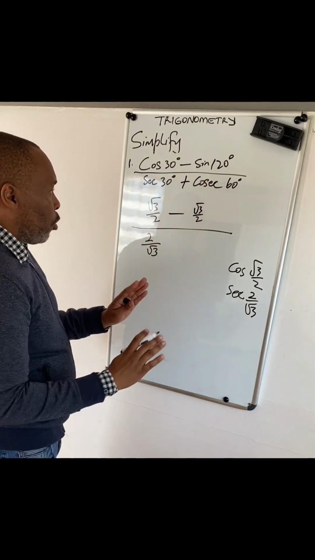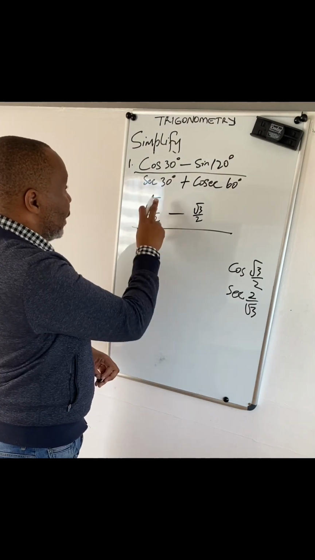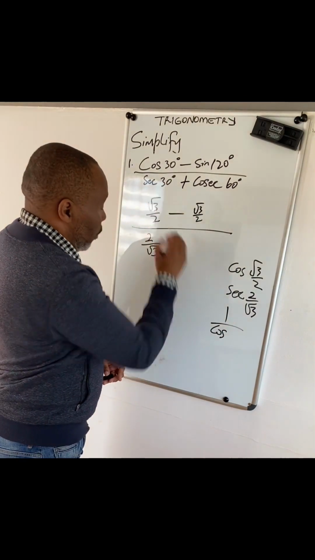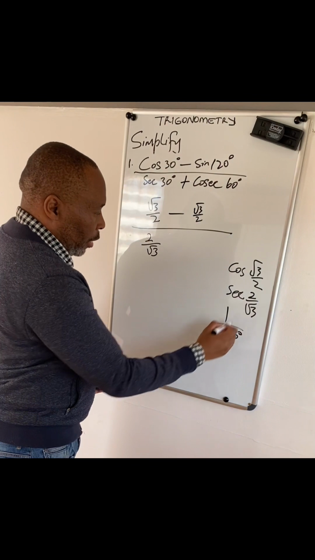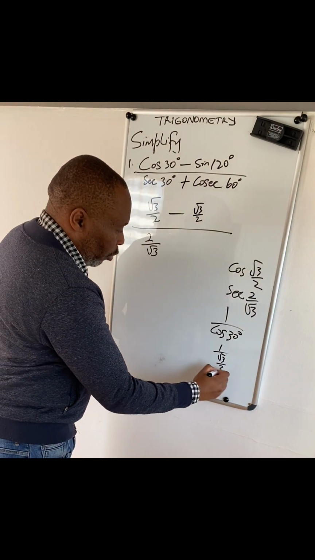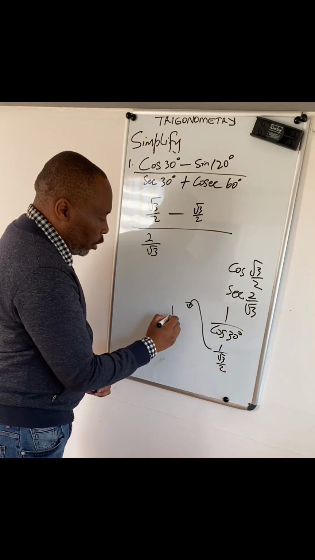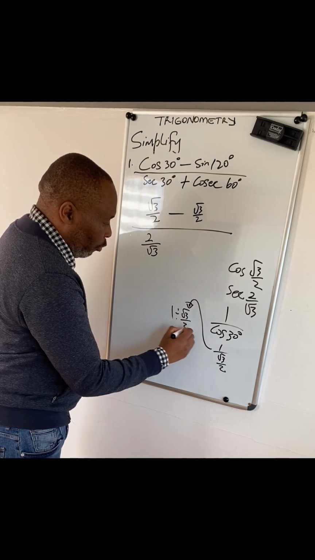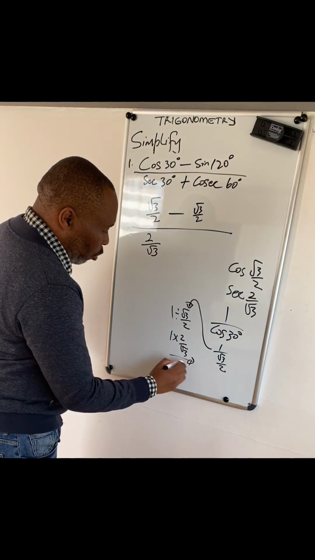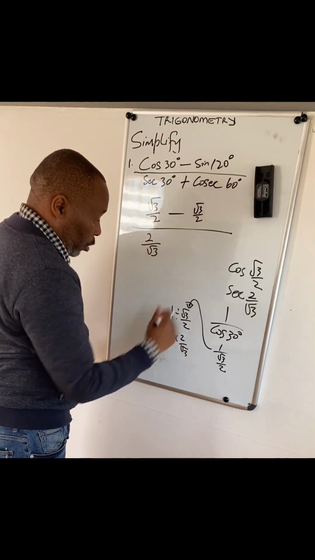Hope you are with me, hope you are not confused. If you find this hard to do just like that, you just go 1 over cos of 30 degrees, which is 1 over root 3 over 2. That is 1 divided by root 3 over 2, which is 1 multiplied by 2 over root 3, the inverse, which is 2 over root 3.